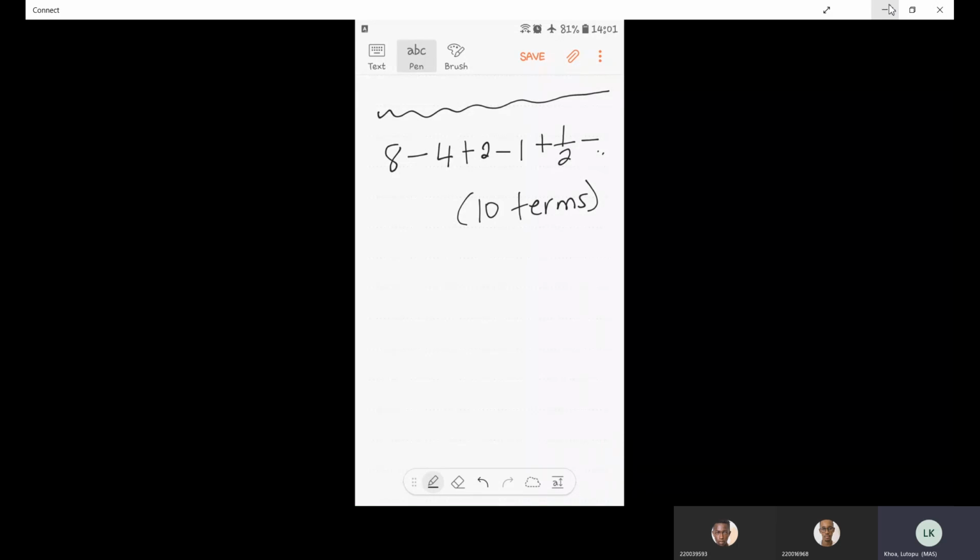Now what you see with this series is that the terms are alternating, goes positive, negative, but it still is a series. So you should look at it as 8 plus negative 4 plus positive 2 plus negative 1 plus half, and then plus, and then it continues in that manner.